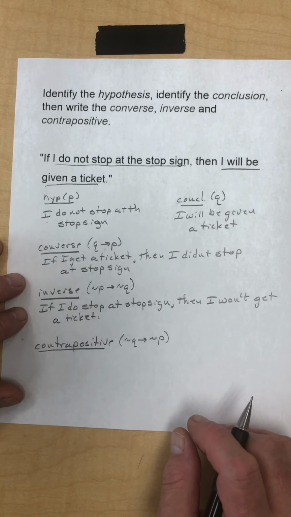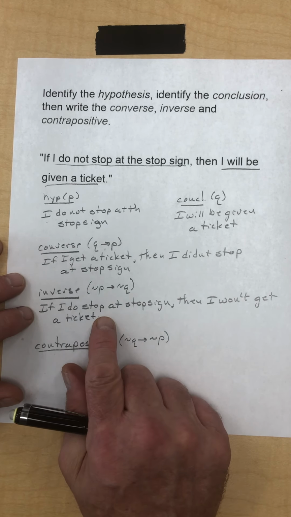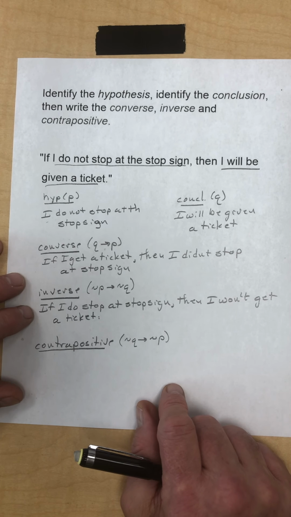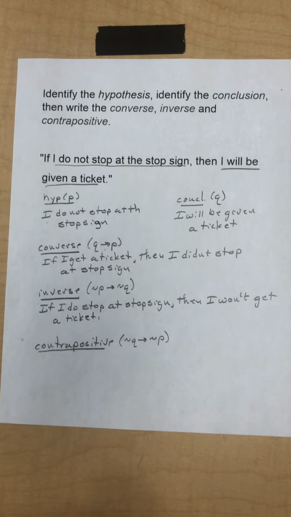Well, that's false too. Once again, let's suppose you do stop at the stop sign, but you were speeding before you stopped, and the cop pulls you over and gives you a ticket.